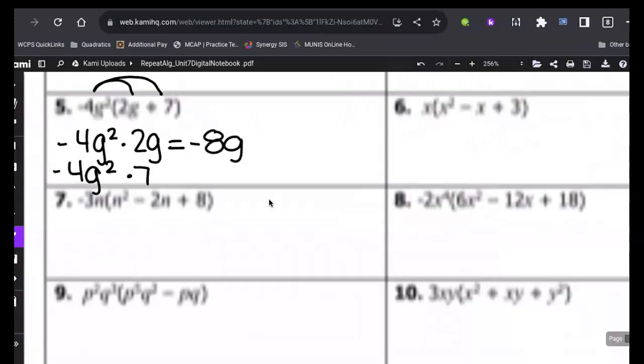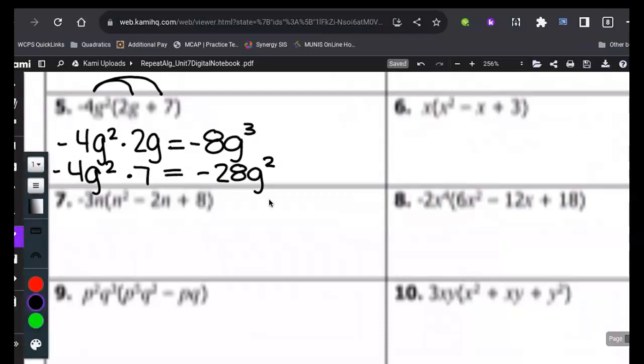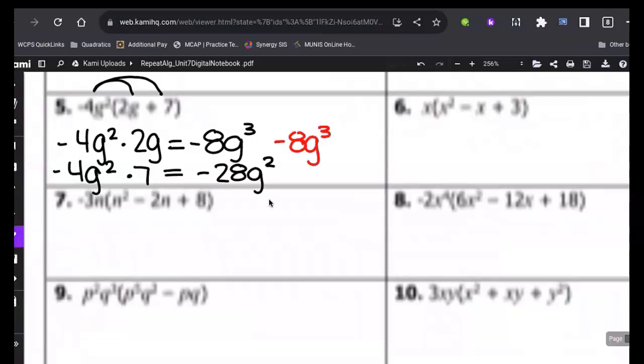And then I have g to the third power because I have 2 g's plus the 1 g for a total of 3 g's. Then I'll multiply negative 4 times 7, which gives me negative 28. And then g to the second, because the second term doesn't have any g's with it. So we write our answers in order. Negative 8g to the third power minus 28g to the second power. So we distribute, and then we write our answers in order.